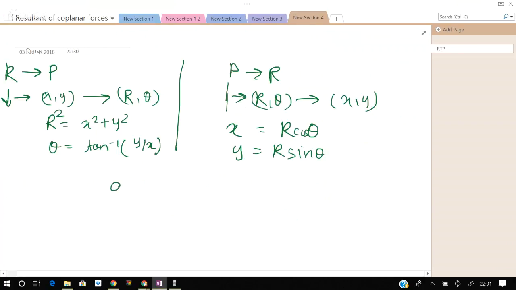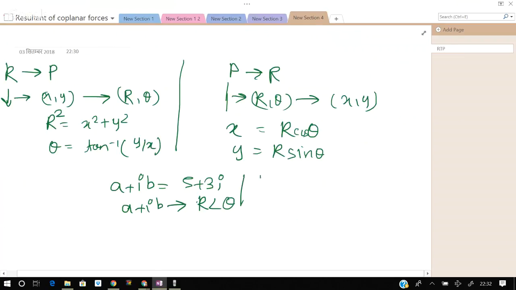Hence, our complex number over here is a plus bi. So that is 5 plus 3i. That can be written in polar form. We have to convert from rectangular form to polar form in r and theta.